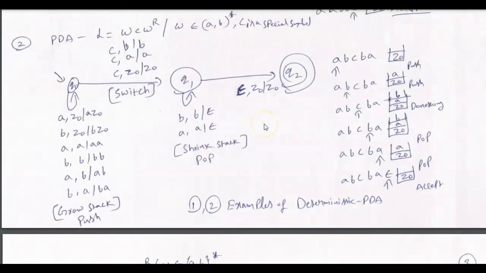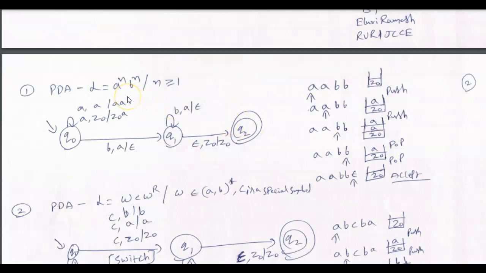Okay, we will go through the first example, a to the power of n, b to the power of n. Earlier in finite automata, we generally take a minimum string, and based on that we construct it. What we do for the PDA is that we will not take the minimum string. This is a very, very important point.